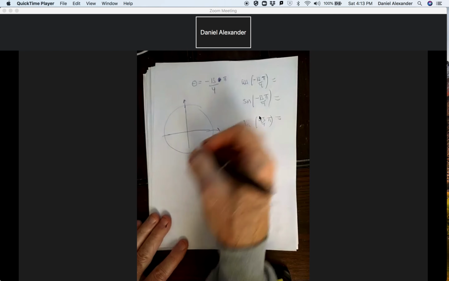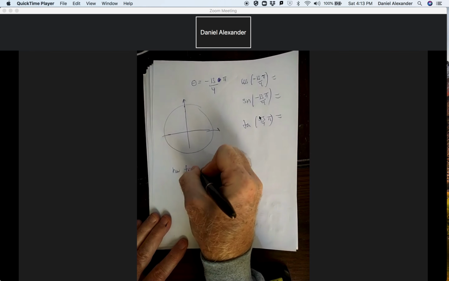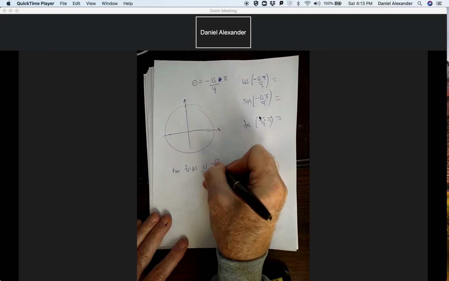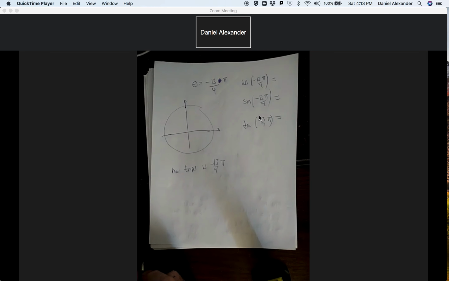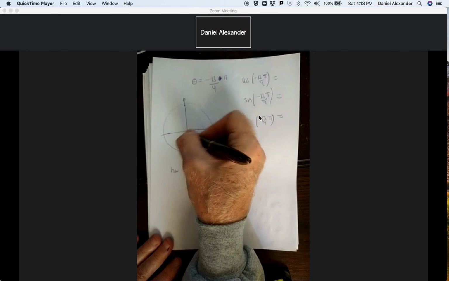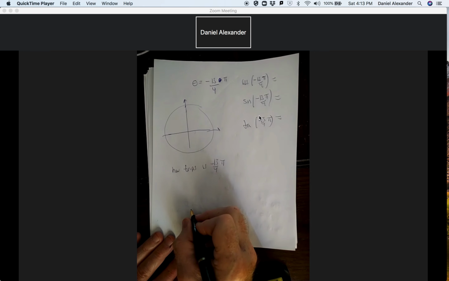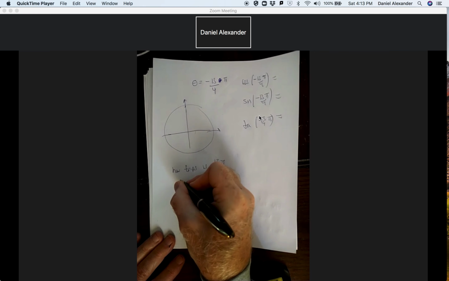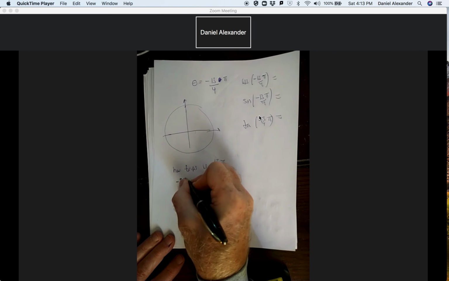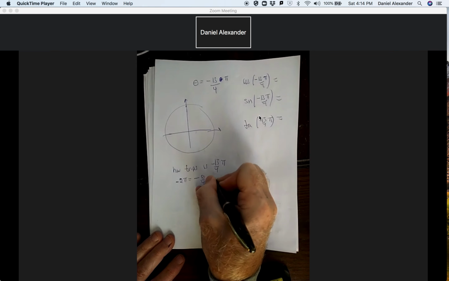So the idea is how many trips around the circle is minus 13/4 pi. Well, we know that we're going to be going in this direction, so opposite, in the clockwise direction. So how many trips around? And we know that minus 2 pi is going to be the same as minus 8 over 4 pi.